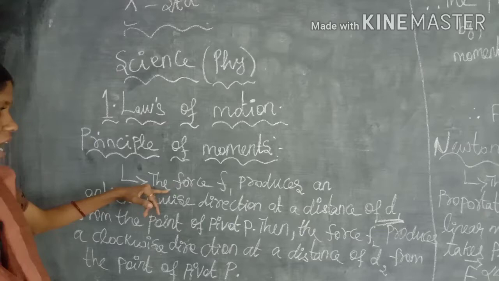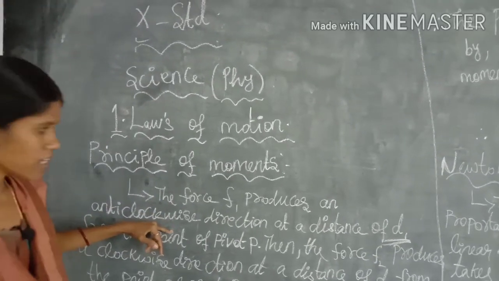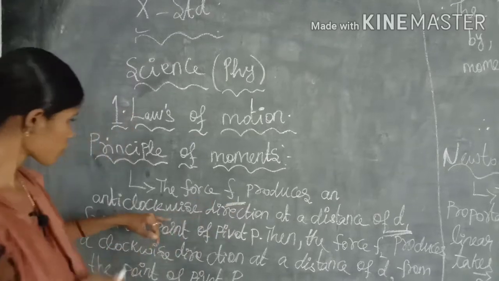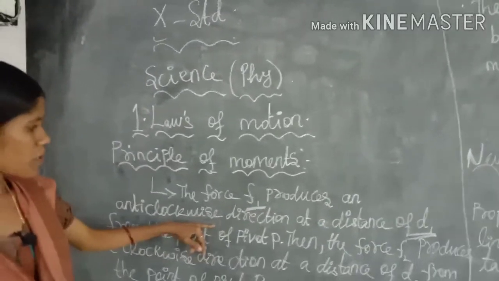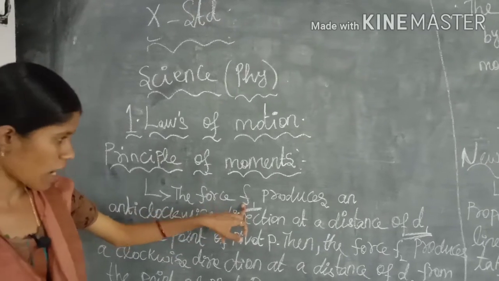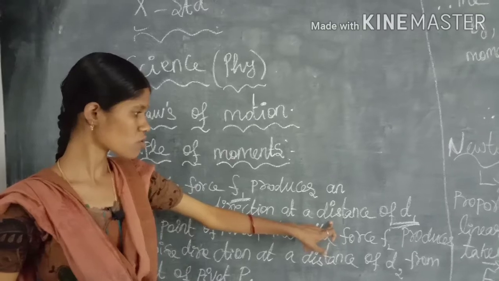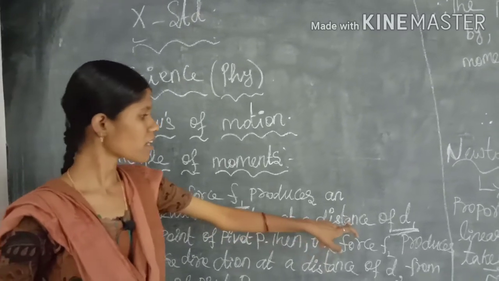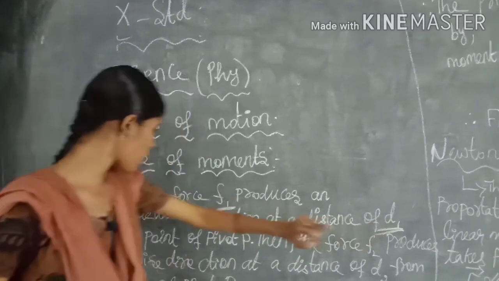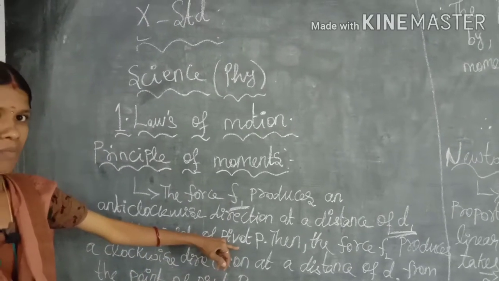The force acting in the anti-clockwise direction is taken as F1, and it acts at some distance. That distance is denoted as d1, measured from the pivot, which means the center point.